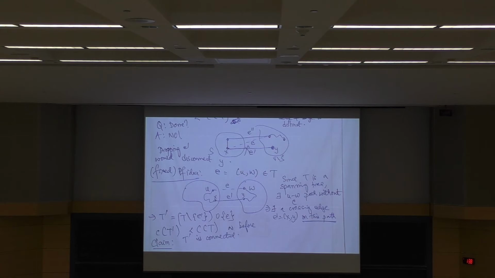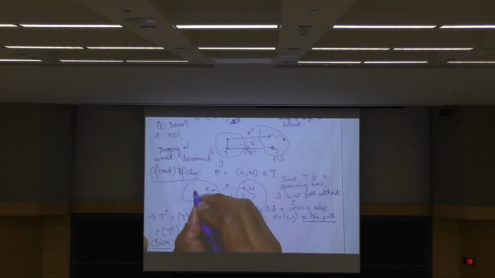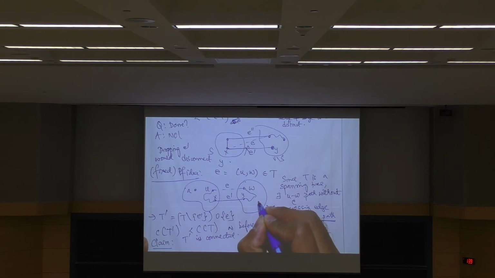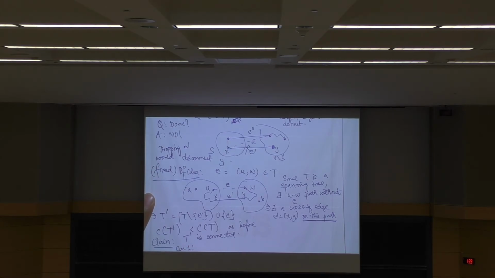To do this, we have to argue that every possible pair of vertices has a path between them. For illustration purposes, let's consider two vertices A and B, one in S and the other not in S. Case one: the AB path doesn't use E prime.